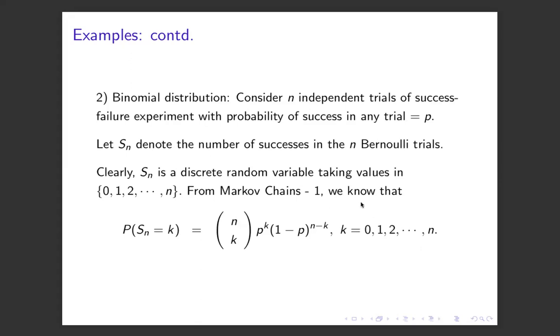From the previous set of notes, which has been put on Moodle, probability S_n is equal to k is n choose k, p to the power k times 1 minus p to the power n minus k, for k varying over 0, 1, 2, up to n.